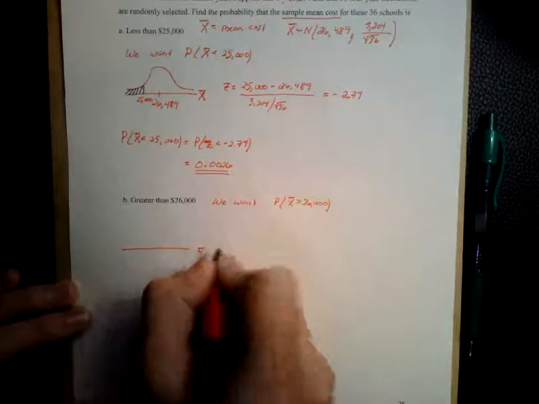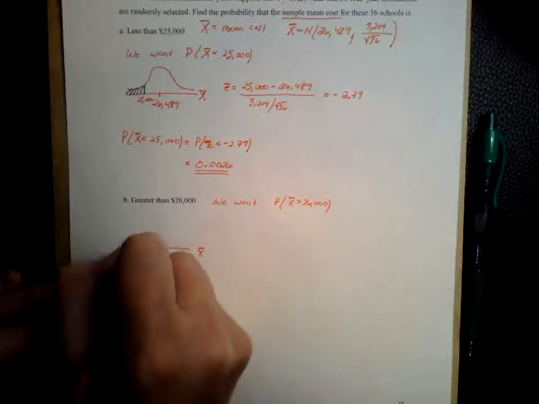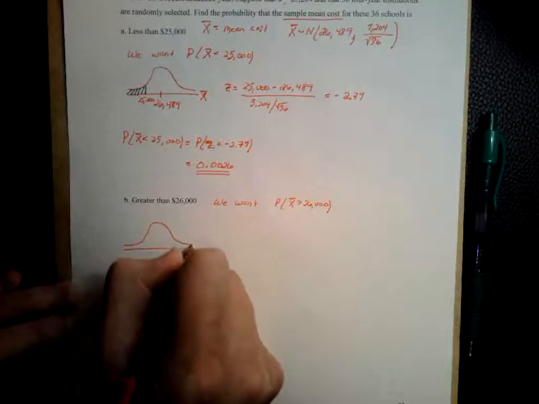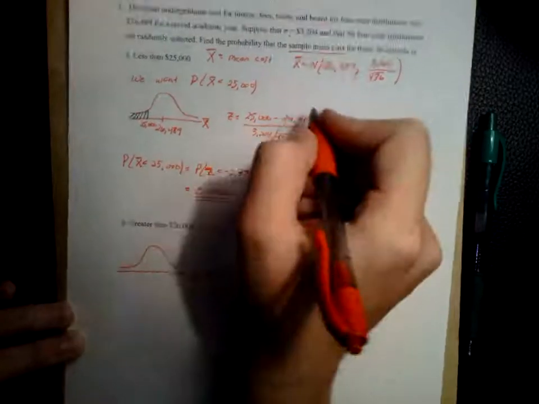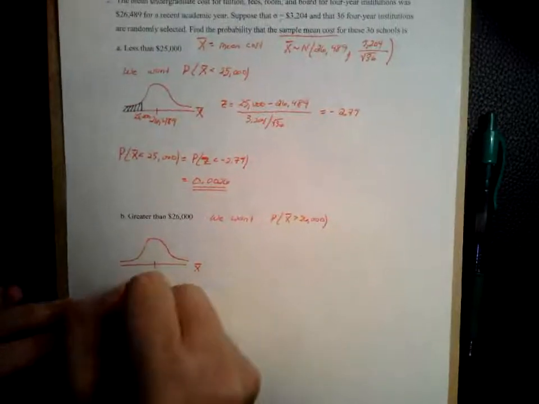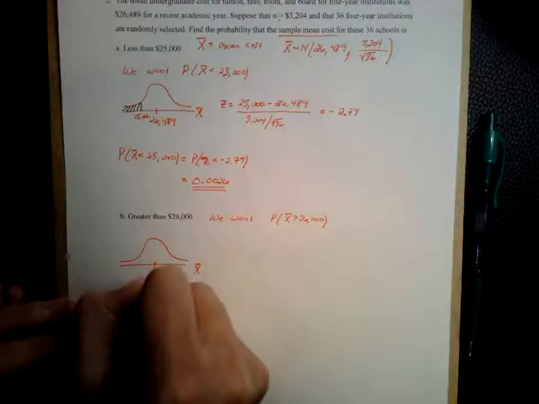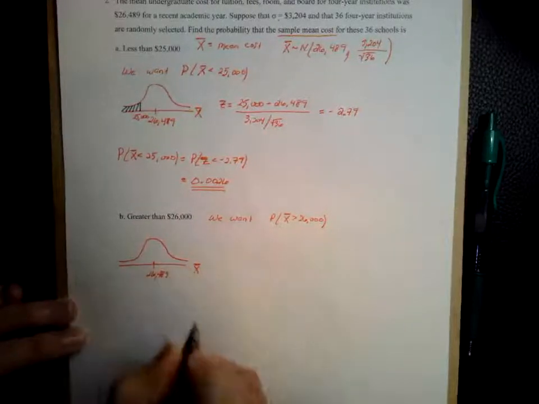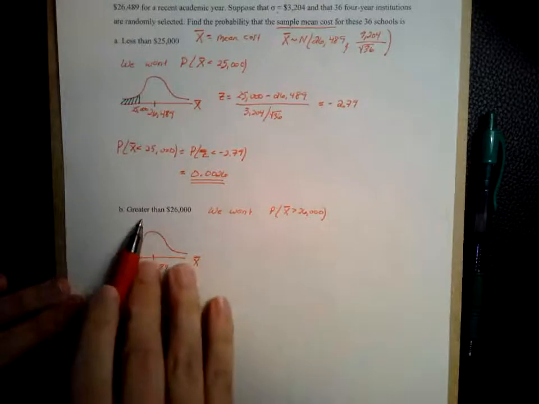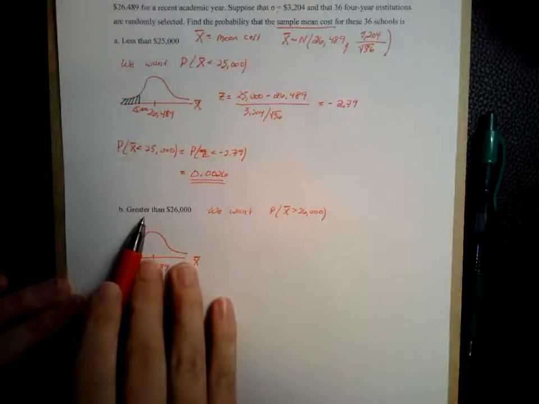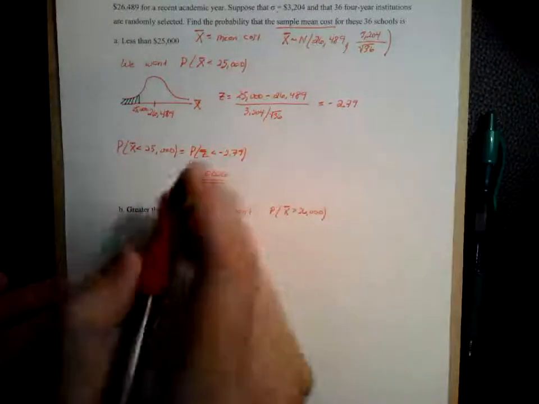Then we have the distribution of x bar is approximately normally distributed. And we said it has a mean of 26,489. The probability we want is the probability of getting a sample mean greater than 26,000.